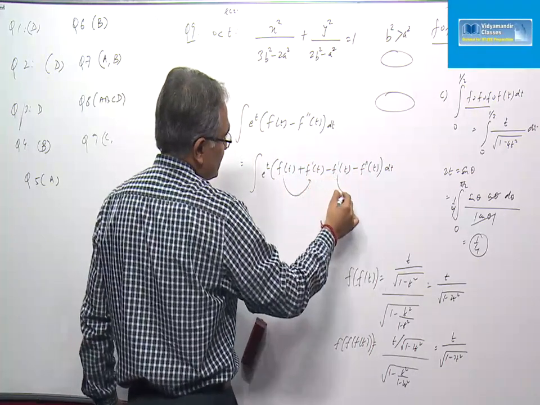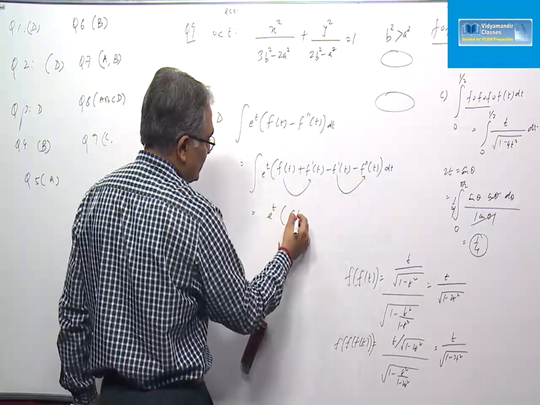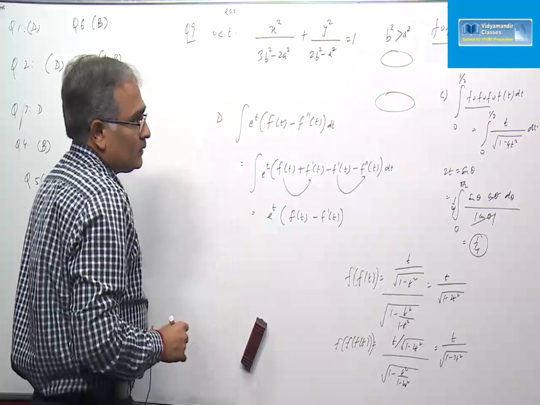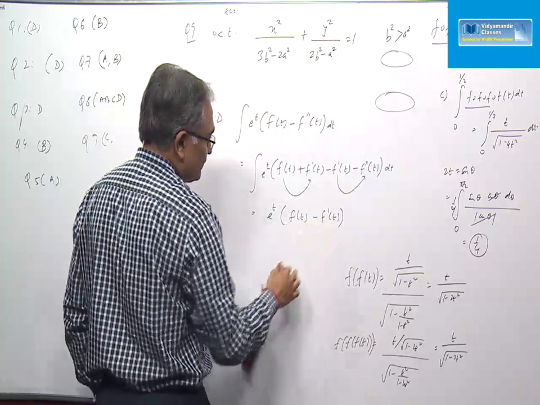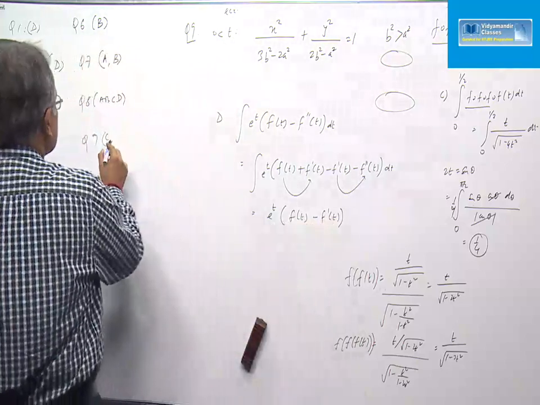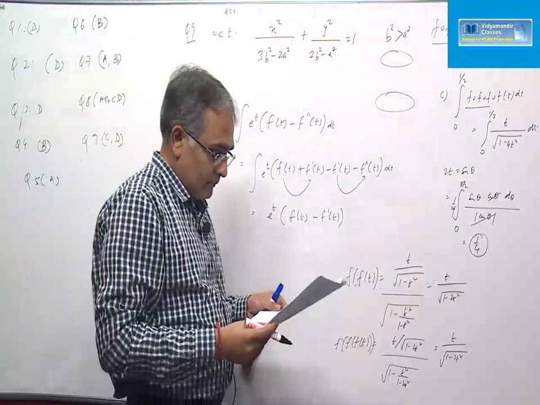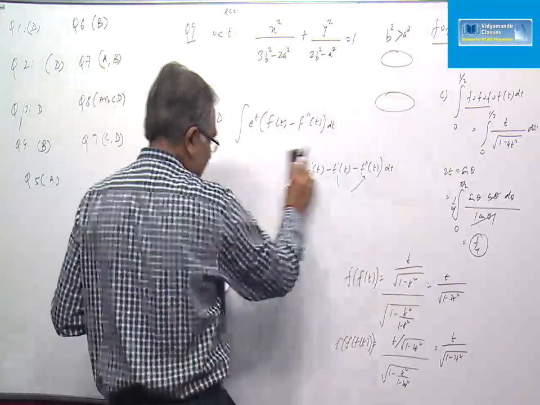Its derivative is this, its derivative is this, hence the integral will be, answer will be e to the power t times f(t) minus f prime t. Now f(t) was t upon under root 1 minus t square, and derivative of this just computed. Answer option D is correct. Hence question 9th answer key is C and D. Difficult one. Question 9th is difficult one.